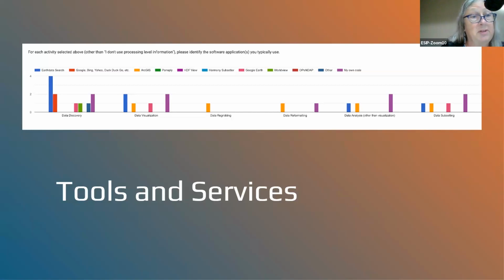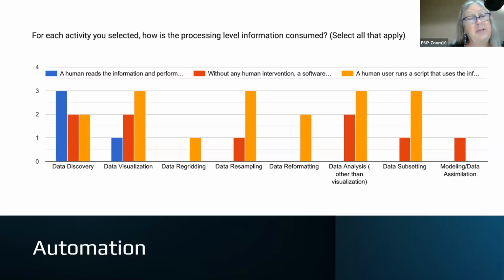So lots of tools: Earth Data Search, Google, Bing, Yahoo, ArcGIS, Panoply, HDFU, Harmony, Subsetter, Google Earth. So, I mean, if our 4 UWG members are representative of the world at large, then the processing levels are useful to people.